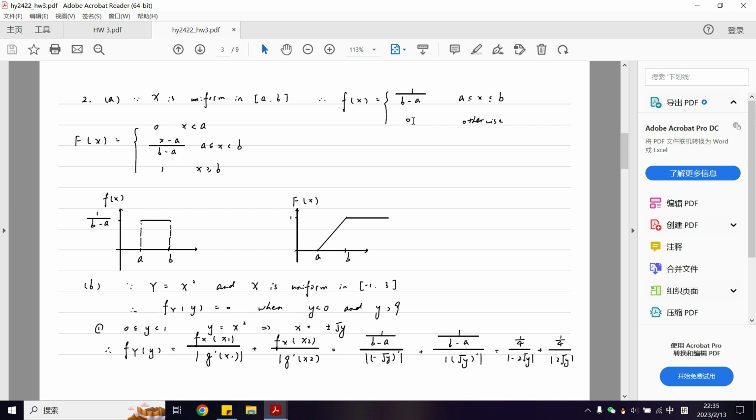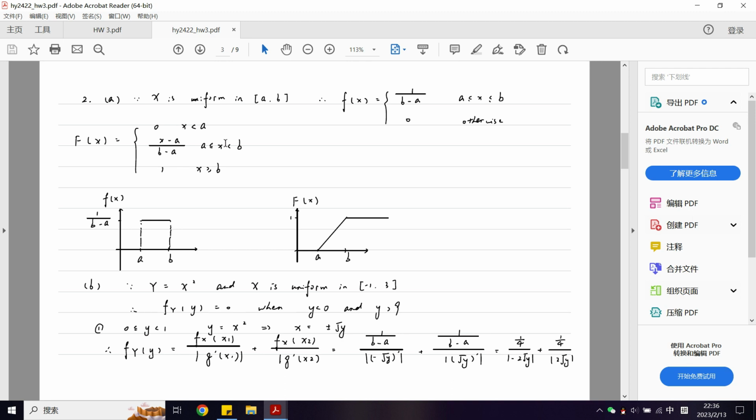So the small fx will be the reciprocal of b minus a from a to b, and otherwise it will be 0. So the figure of small fx will look like this. From a to b, the probability will be the reciprocal of b minus a.